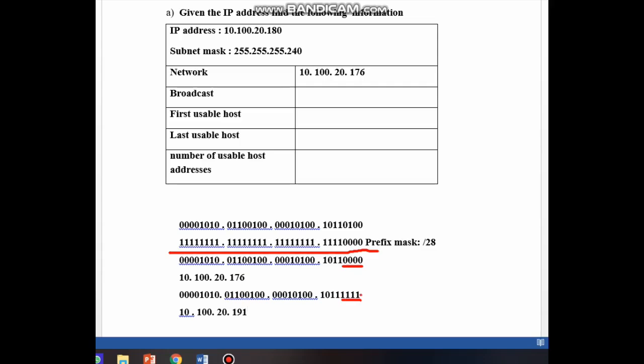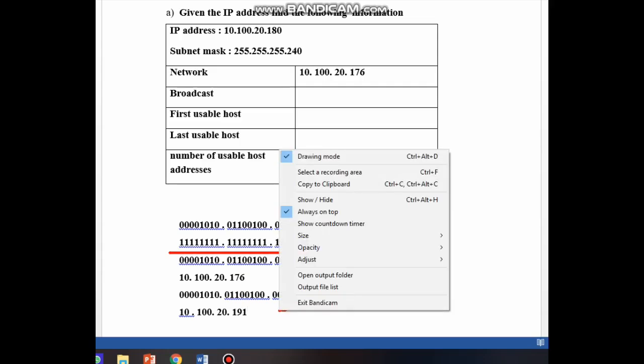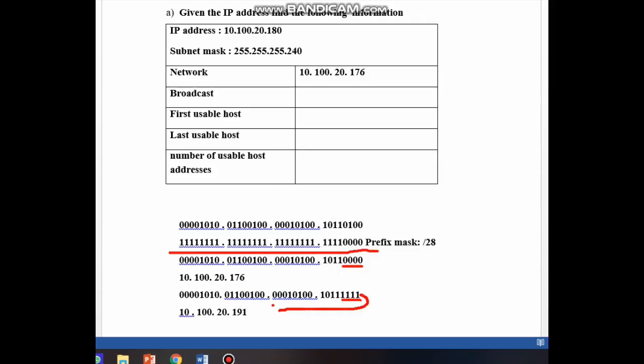Just doing the decimal representation of this, right? So I'm just going to write my broadcast address. It's going to be 10.100.20.191.